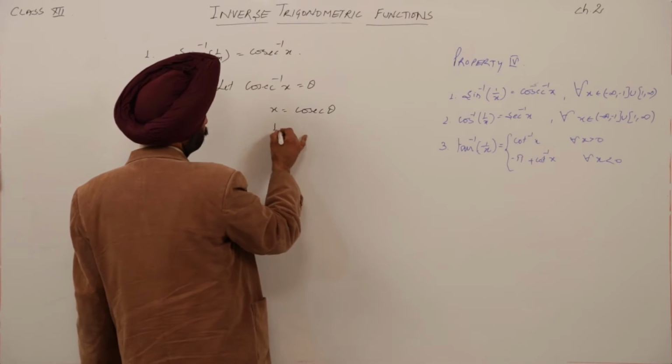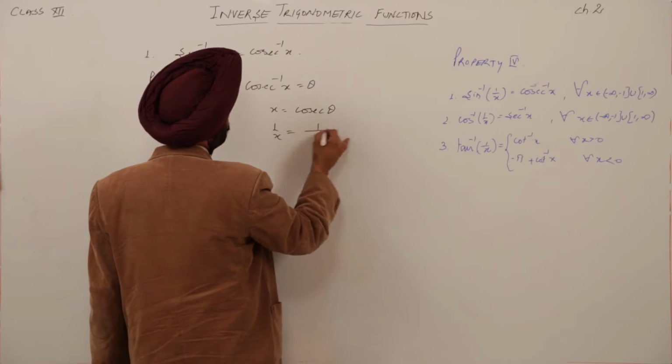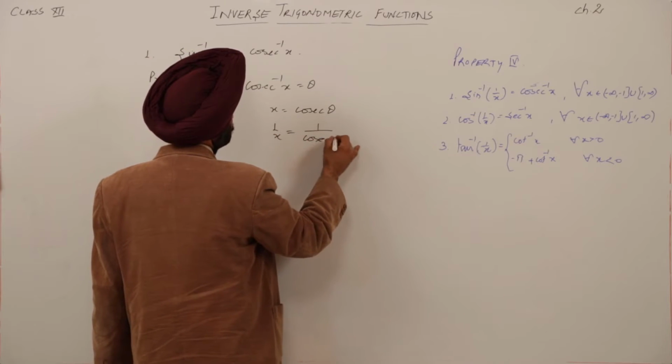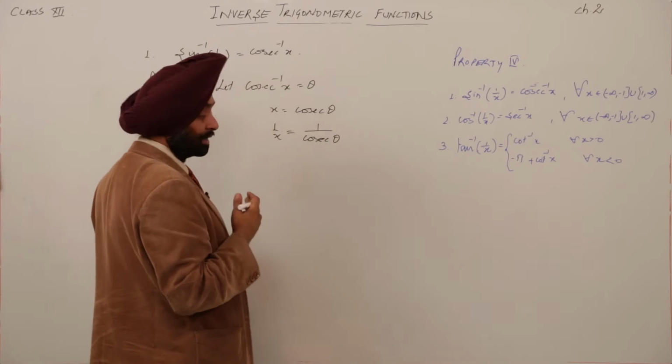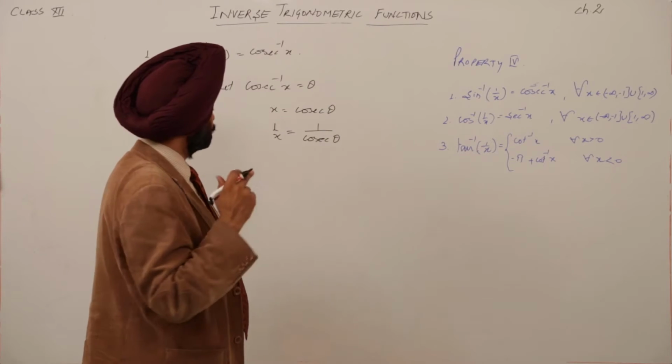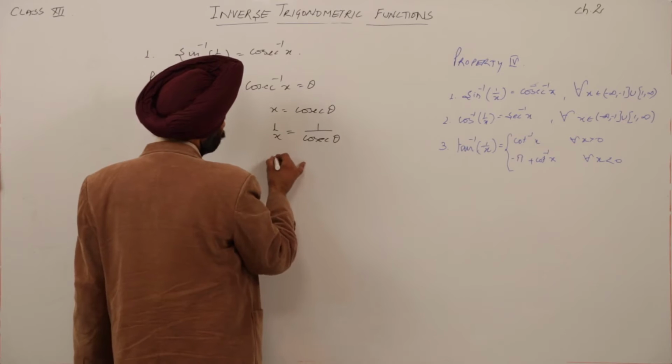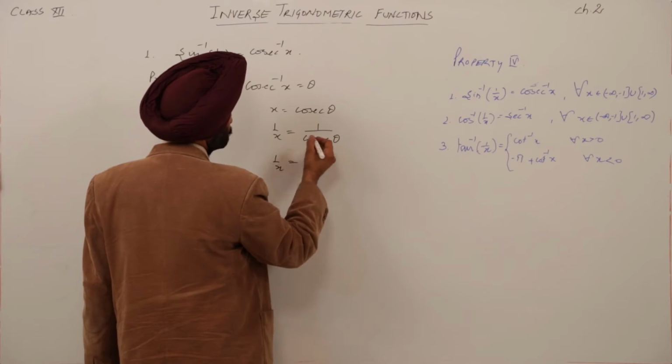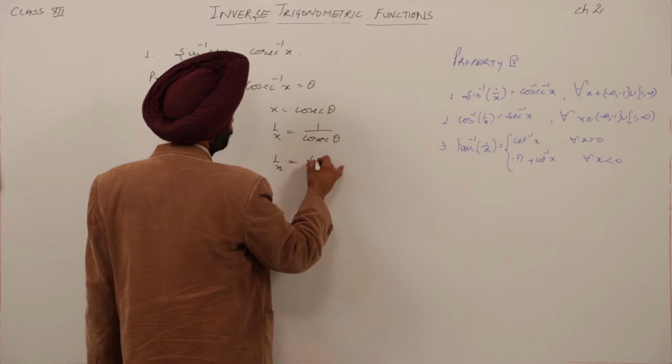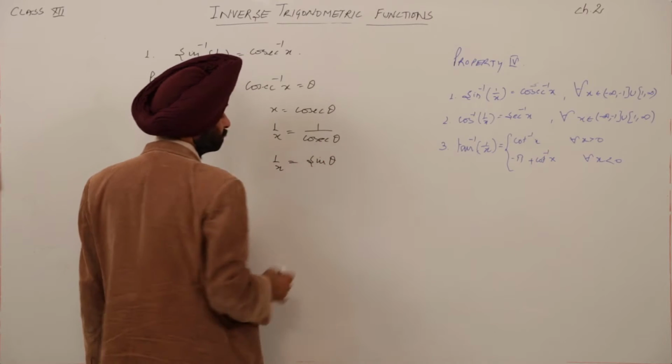We have 1 upon x and 1 upon cosecant theta, and writing this doesn't mean we are changing the sense of the question. Now, 1 upon x is equal to 1 upon cosecant theta, that is sin theta.